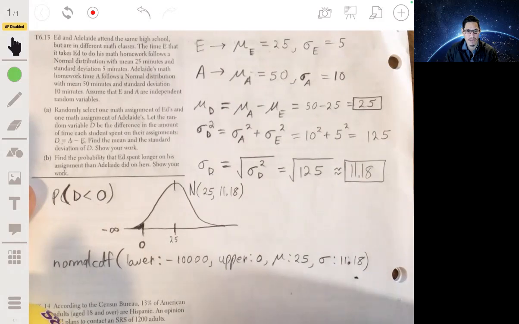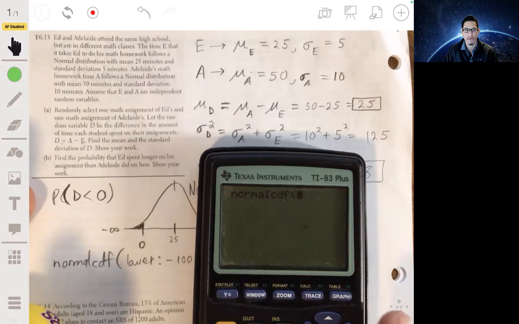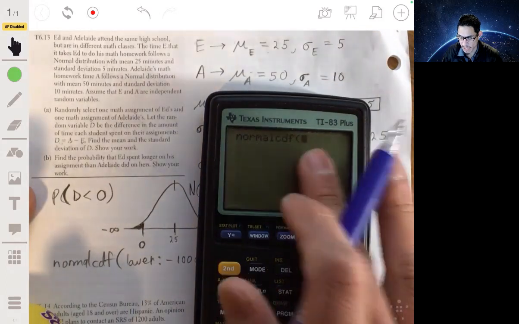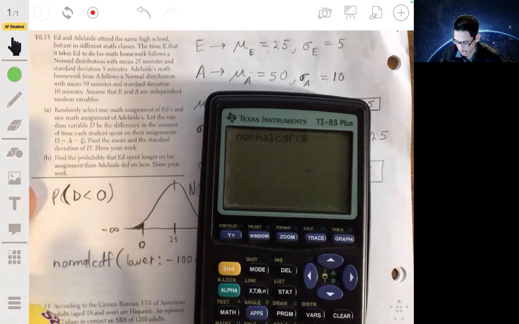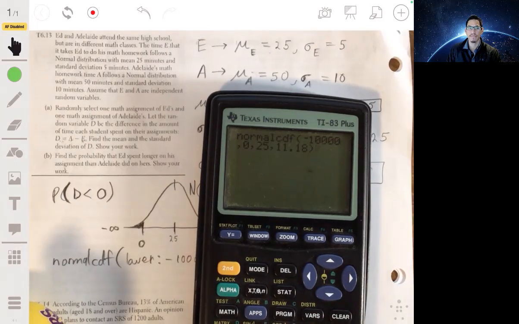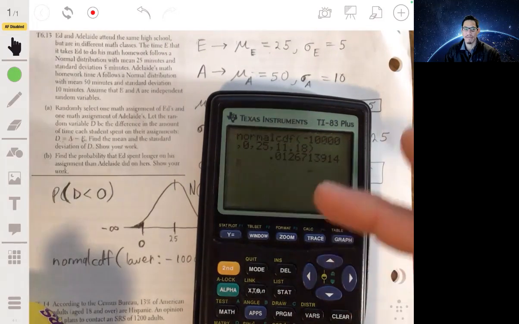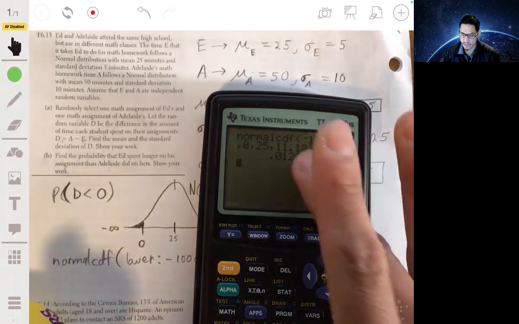Depending on how old your calculator is, what brand or version you have, it may be a little easier to figure out. Here, this is the old school one, so you have to memorize the syntax: lower bound, negative 10,000, comma, upper bound 0, comma, mean 25, standard deviation 11.18. So lower, upper, mean, standard deviation. If you have a newer version, it'll explicitly say lower bound, upper bound, mean, standard deviation, so it'll be easier to use.